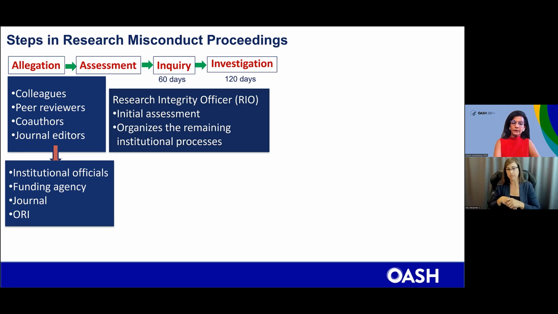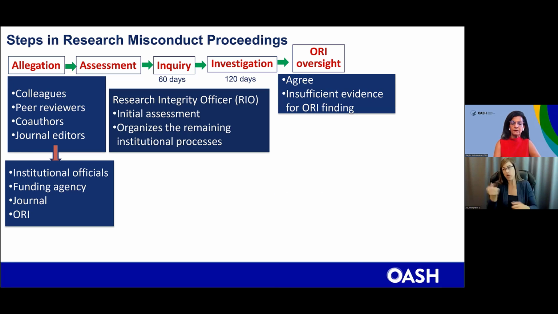These two have time limits in our regulation, 60 days and 120 days. If these processes don't end within this time, the institutions will write to ORI and request an official extension of those deadlines. Generally, we understand, and an extension is given.